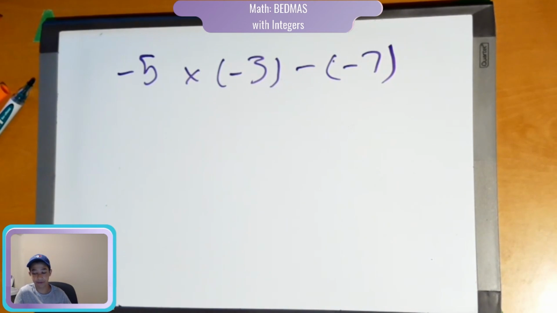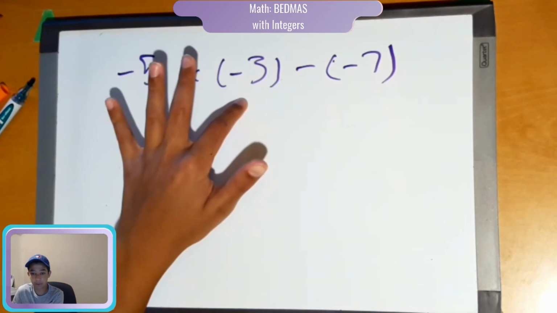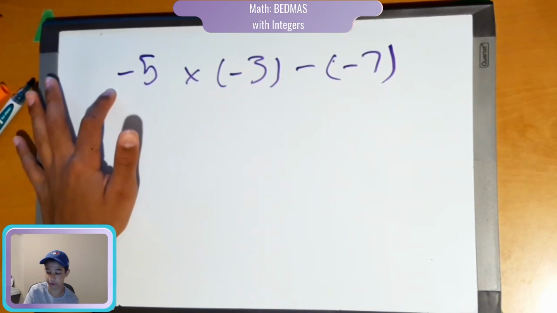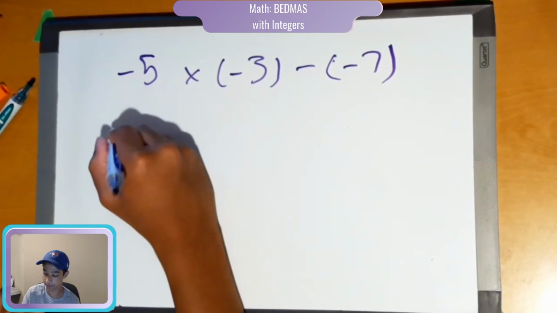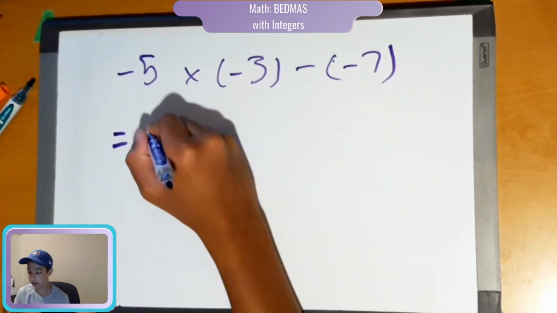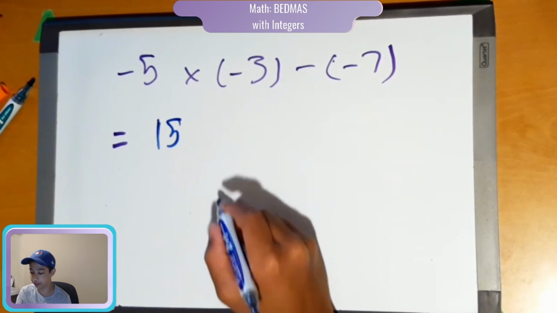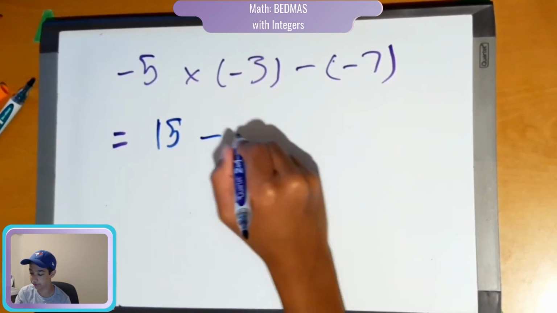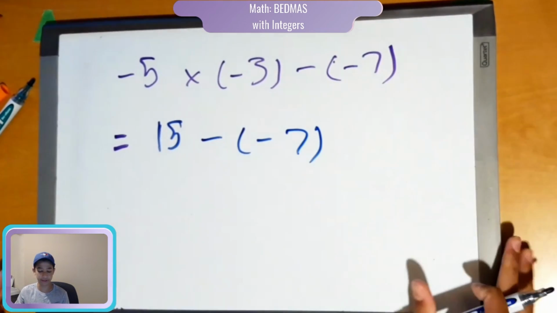-5 times -3. So we know 5 times 3 is 15, and since both of these are negative, we're going to end up with a positive number. So we're going to end up with positive 15. Minus -7. And this is easy to solve.